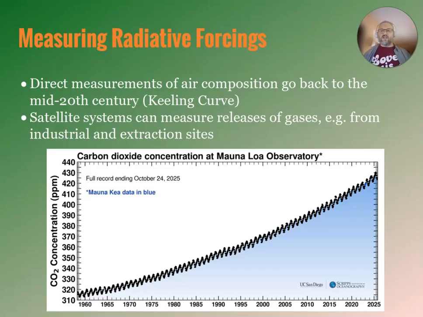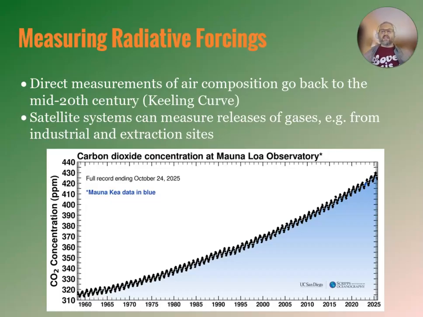We can also use satellite data to help us measure some radiative forcings in the realm of greenhouse gases, because we have satellite platforms that are able to measure releases of gases. So for example, releases of methane from oil and natural gas drilling sites.